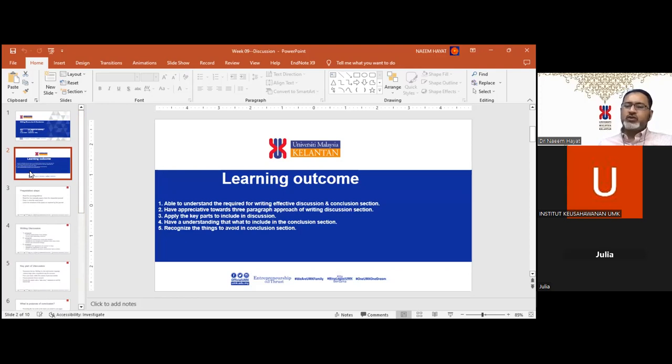Then we utilize the available literature, or maybe add some new literature, in our discussion section to compare and contrast our study findings, so that we can reflect in the conclusion section how our findings are adding something to the literature. So they are very linked. The discussion section is linked with the analysis and the literature review section.